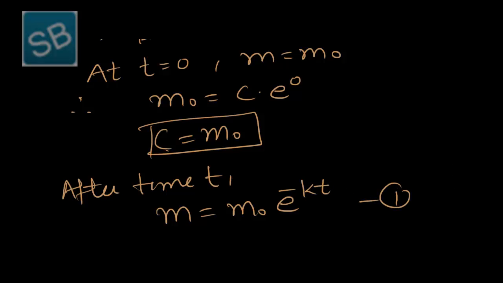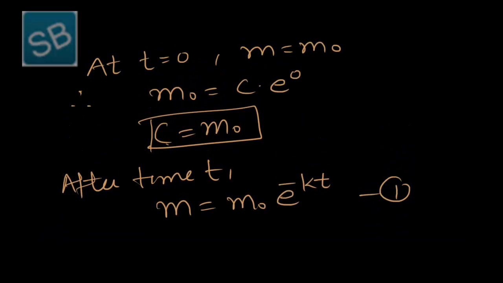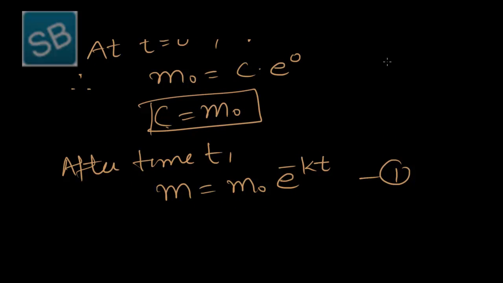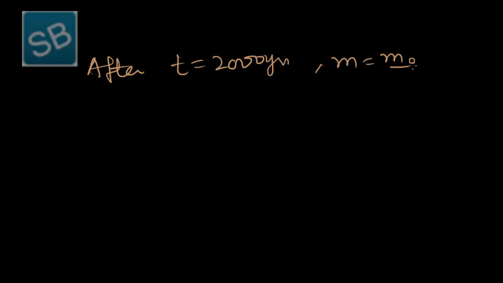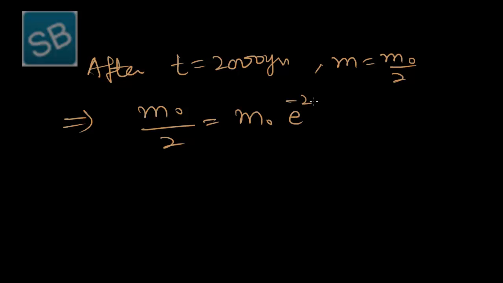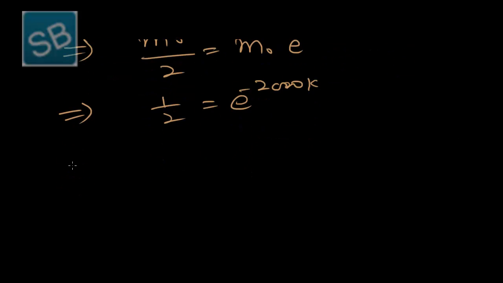Now we have to find, after t is equal to 2000 years, m is equal to m naught by 2, half the original quantity. So m naught by 2 is equal to m naught e raised to power minus 2000k. So we get half is equal to e raised to power minus 2000k after eliminating m naught.